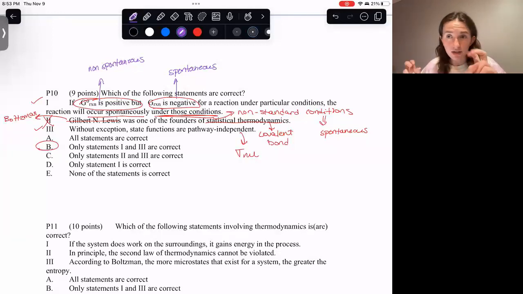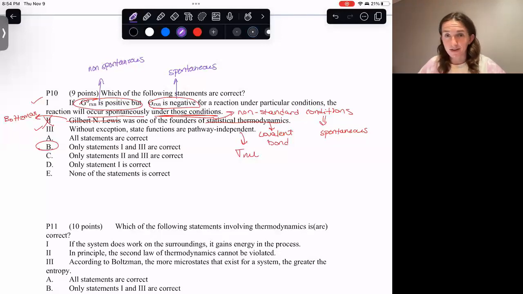This is one of those conditional statements, where maybe at a higher temperature we get a spontaneous reaction, or at a lower temperature, but it wouldn't always be spontaneous. It has some condition of when it's spontaneous and when it's not. But in order for it to be spontaneous, at least one delta G, whether that's delta G of the reaction or delta G naught, has to be negative.